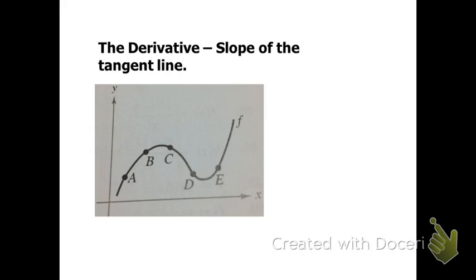And one important thing is to find where the derivative is going to be 0. We are going to find where the derivative is 0 later on in the course.